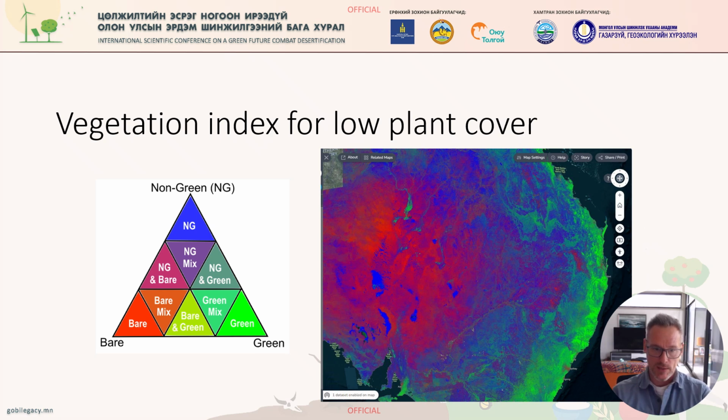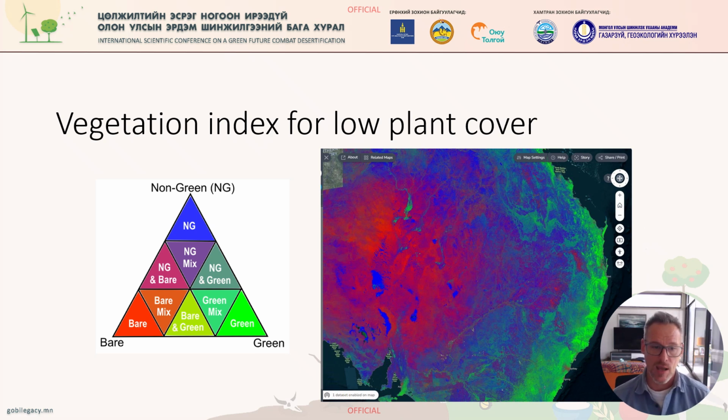There is a new product that is becoming increasingly available globally, which is the fractional cover product. What this does is interpret plant cover in terms of the proportion of bare soil, green photosynthetic vegetation, and non-green senescent vegetation within each pixel. That triangle there is the legend for this map.